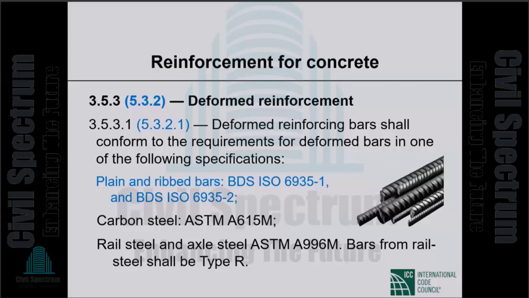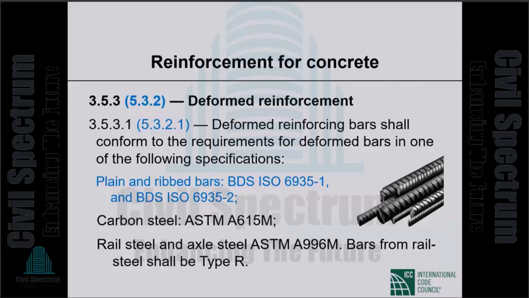I understand that BDS 6935-2 reinforcement is tested for compliance with ASTM A615 or ASTM A706. It basically all passes the ASTM A615 specifications.